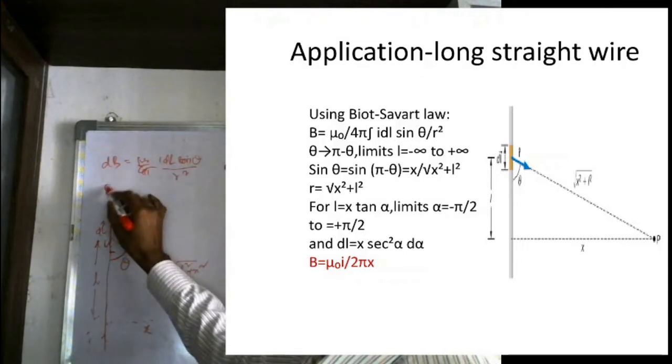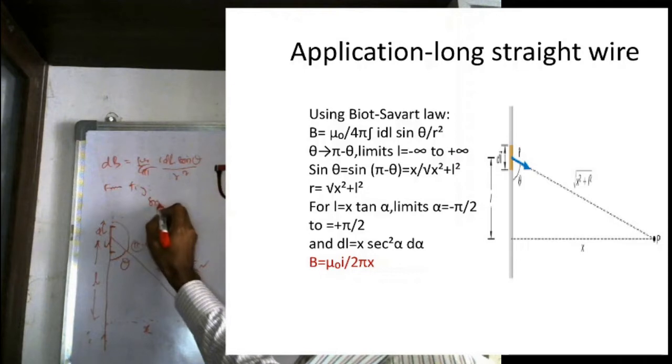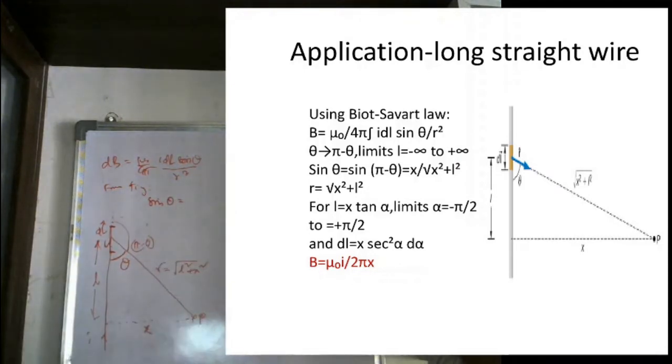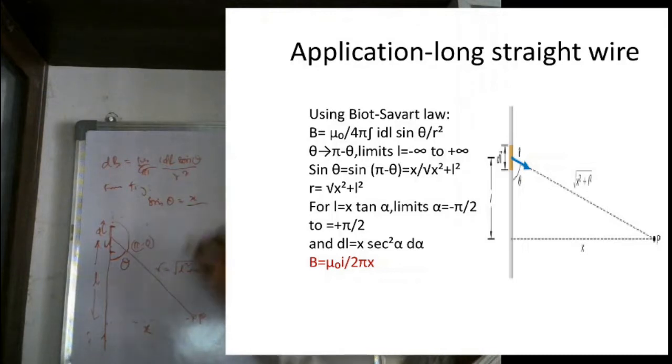From the figure, sin theta is equal to x by r, opposite by hypotenuse, that is x by under root of L square plus x square.